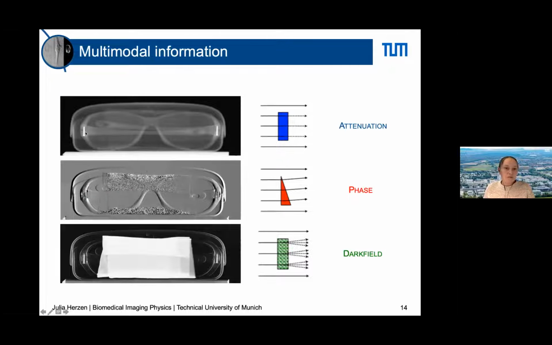You see mainly the highly absorbing materials, like the metal parts, and also a little bit of contrast for plastics. There is something slightly visible, but not really clearly visible what it is. And this might help to look into the other signals from this modality.